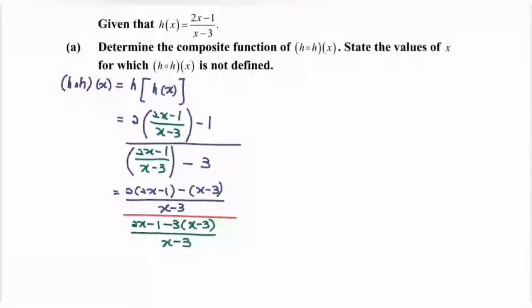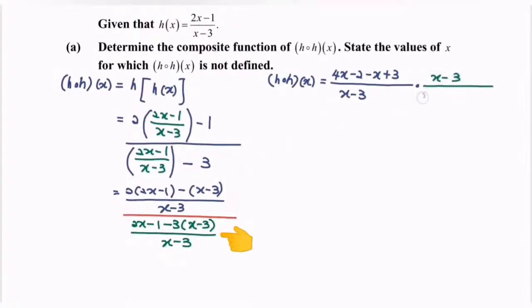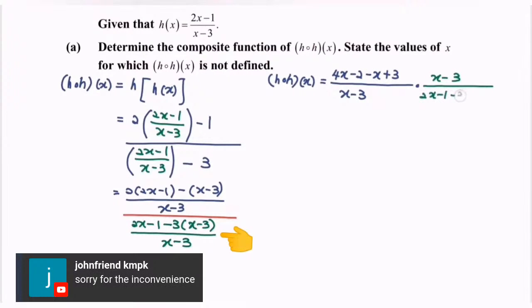So rewrite the situation where we have h∘h(x) is equal to (4x minus 2 minus x plus 3) over (x minus 3), multiplied with, we need to flip the situation, (x minus 3) over (2x minus 1 minus 3x plus 9).